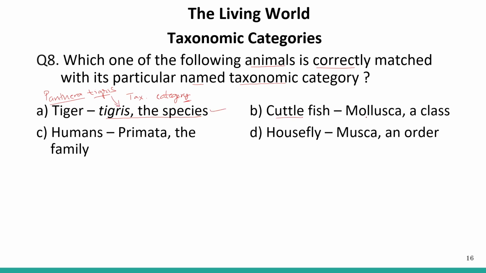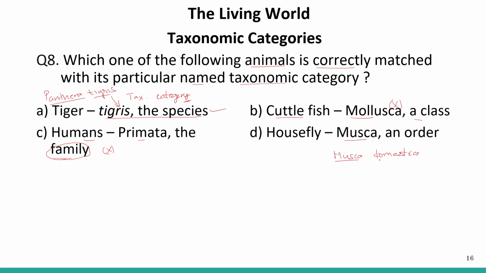Second is cuttlefish, mollusca, a class. Again, not correct. Humans, primata. Again, this is not correct. Primata, the family they are saying. Alright. Now, housefly. Housefly they are saying is Musca. It is Musca domestica, the scientific name of housefly.